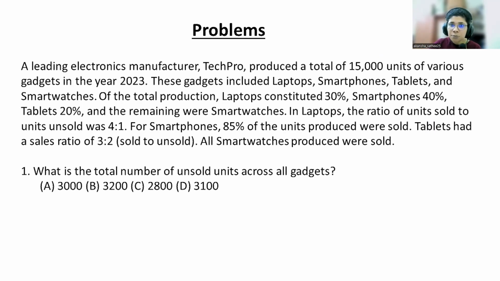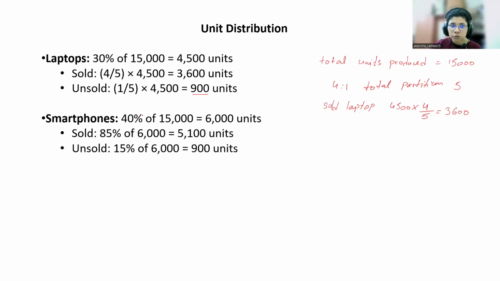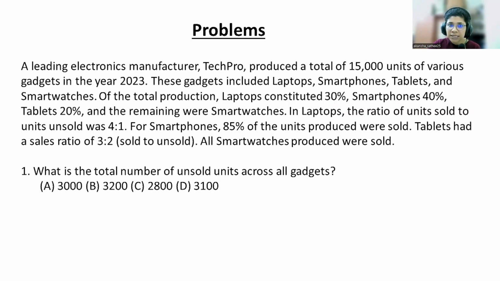Similarly, 40% of the total produced units are smartphones. So how many smartphones are they producing? 40% of the total 15,000, that is 6,000 units of smartphones. Then, what is the next detail given? For smartphones, 85% of the units produced were sold.